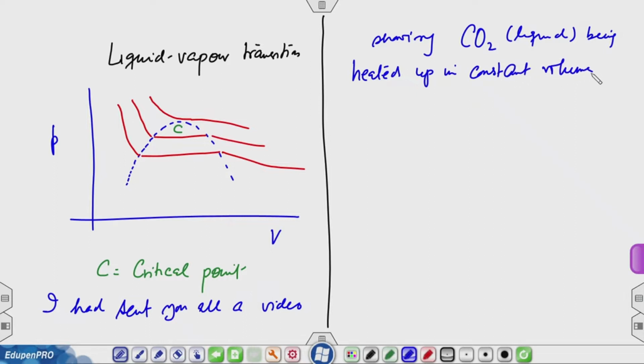What you observe there, as you heat it up keeping the volume constant: earlier, let me just symbolically make the container, we had this liquid CO2 here.